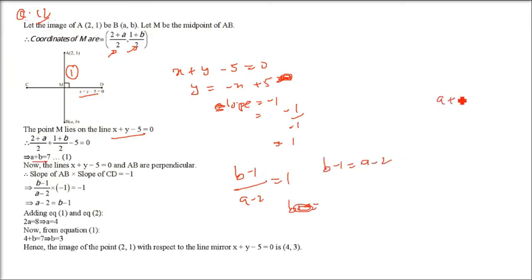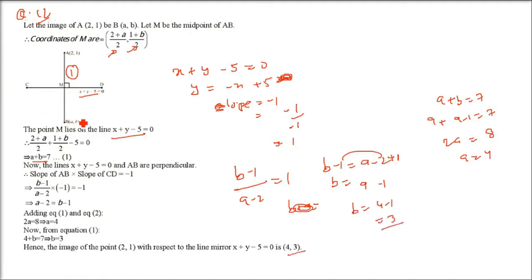Solving, 2a equals 8, so a is 4. b will be 4 minus 1, that is 3. So you get the point (4, 3).